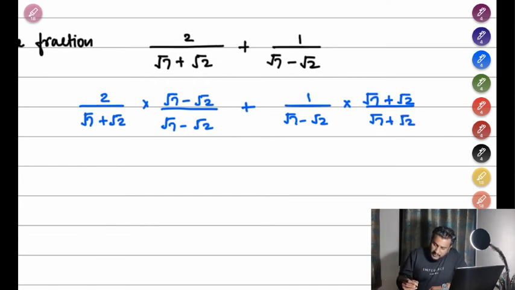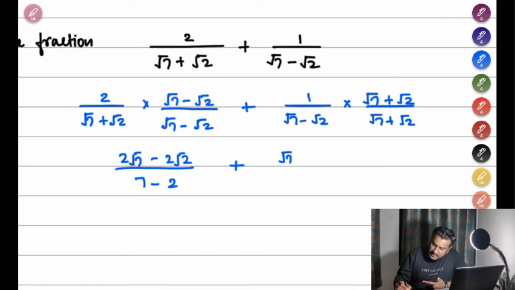Clear? Now if you multiply, this would be 2 root 7 minus 2 root 2, and we know a plus b into a minus b is a square minus b square, so root 7 square is 7 minus 2, which is 5. Plus, if you multiply the other with root 7 plus root 2, you get the same denominator, root 7 square minus 2, which is 5.